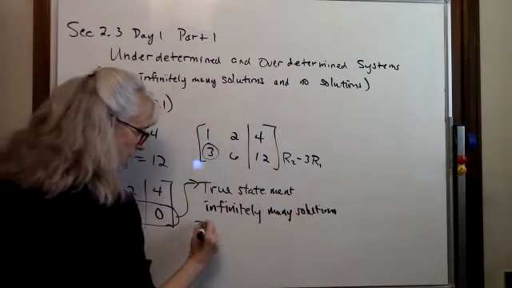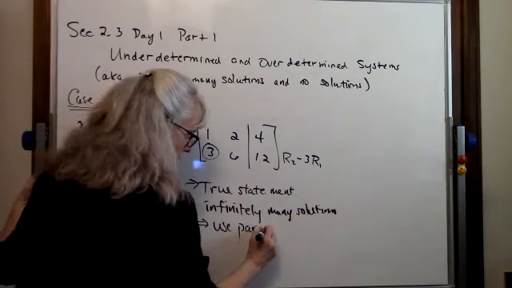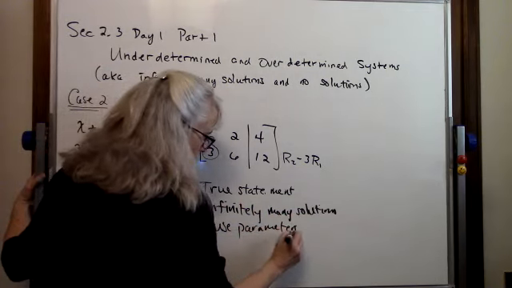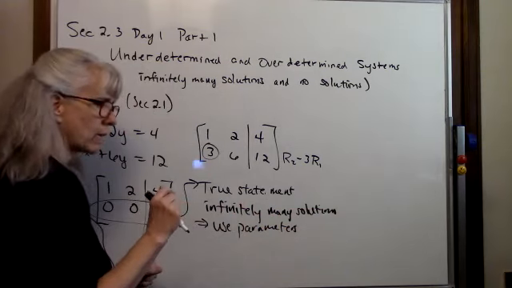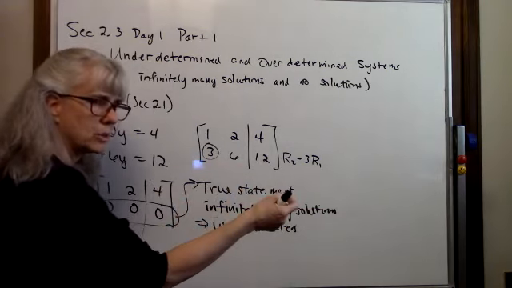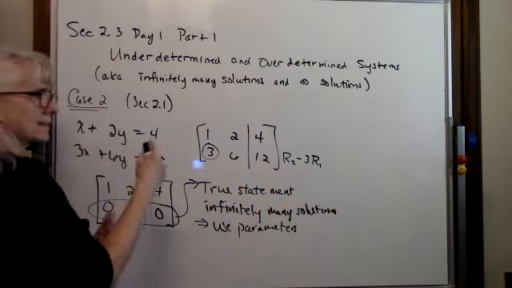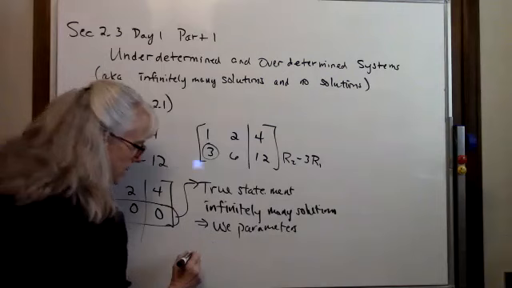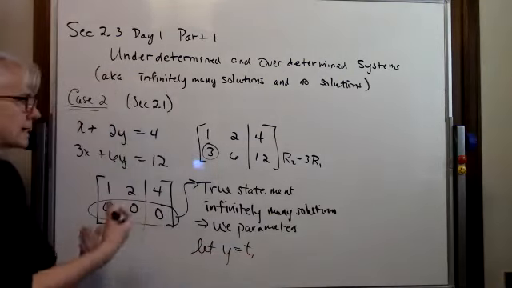That does tell me that I now need to go to parameters. And in this section, the author lets whatever the last letter you're using be t. So in this case, because we have x's and y's, y is the last letter of the alphabet, so we're going to let y equal t, and then we're going to rewrite x in terms of t.